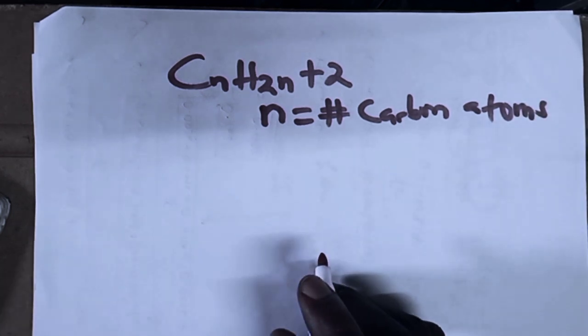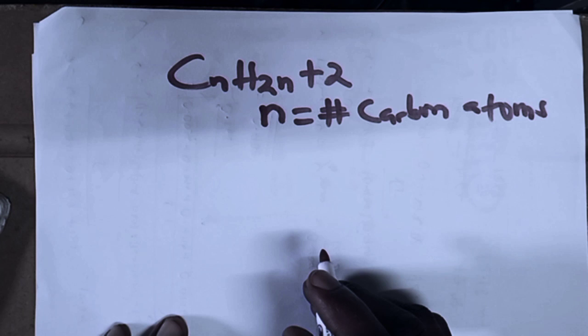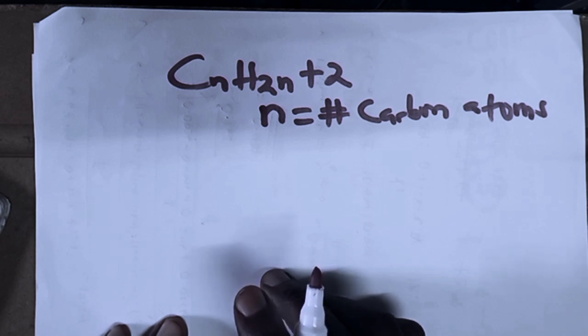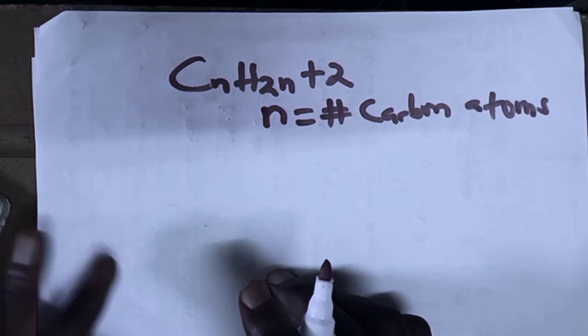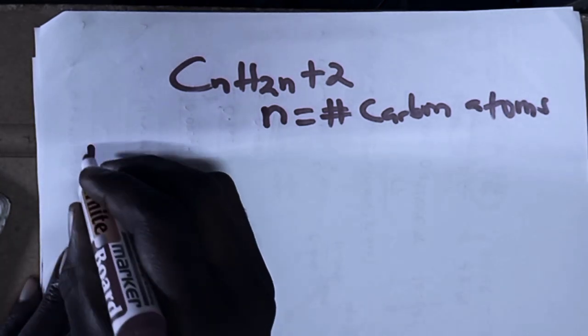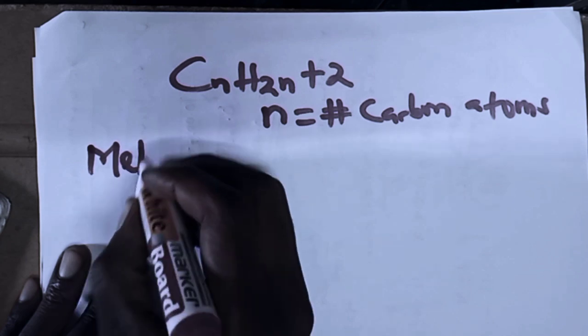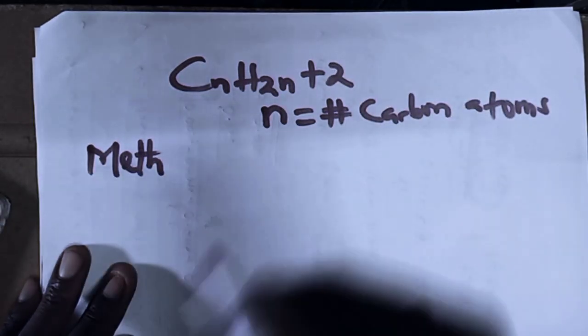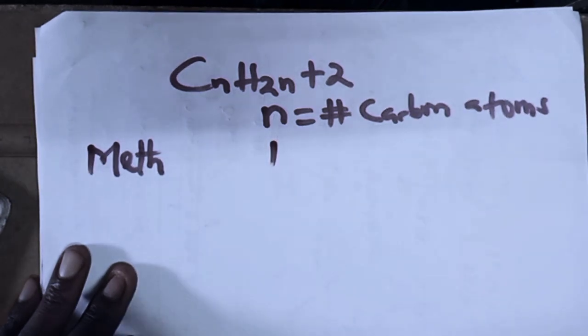But how do you know the number of carbon atoms? You'll know from the stem you are given. For example, whenever you have meth, just know that there is one carbon.